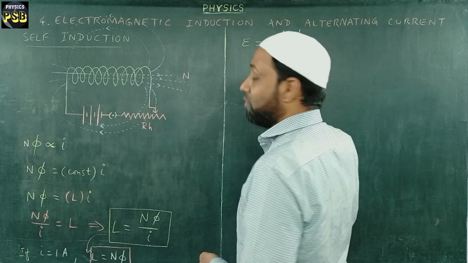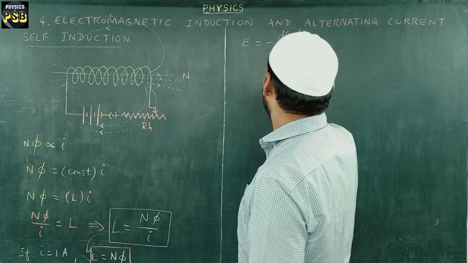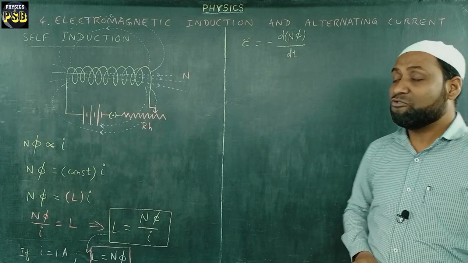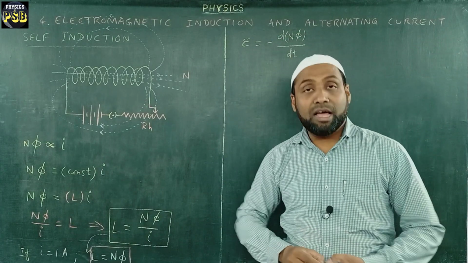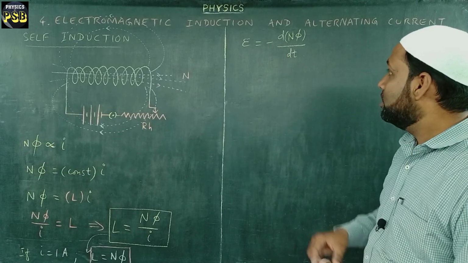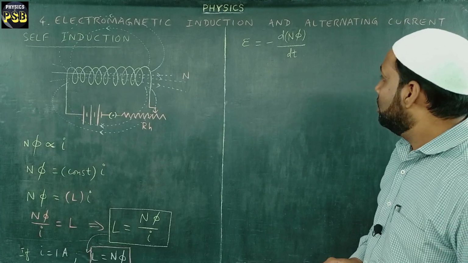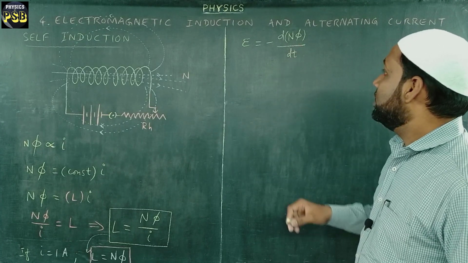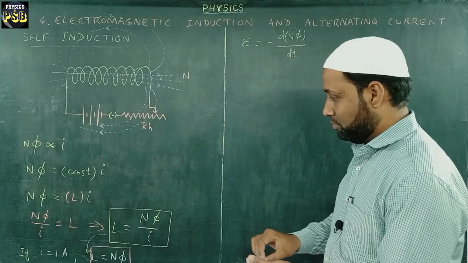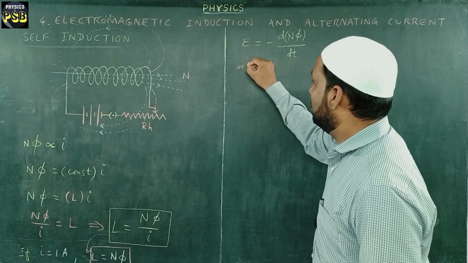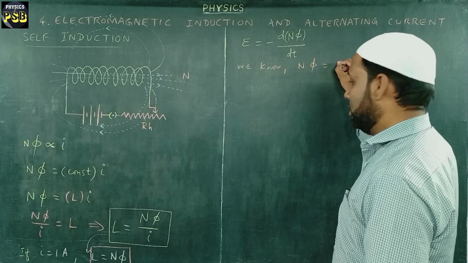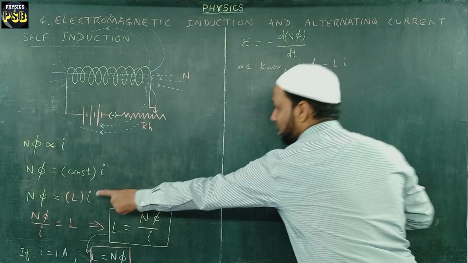The total magnetic flux is N phi, so epsilon equals minus d of N phi by dt. This we have obtained from Faraday's law of electromagnetic induction. Now we know N phi is nothing but L i. It's mentioned here.